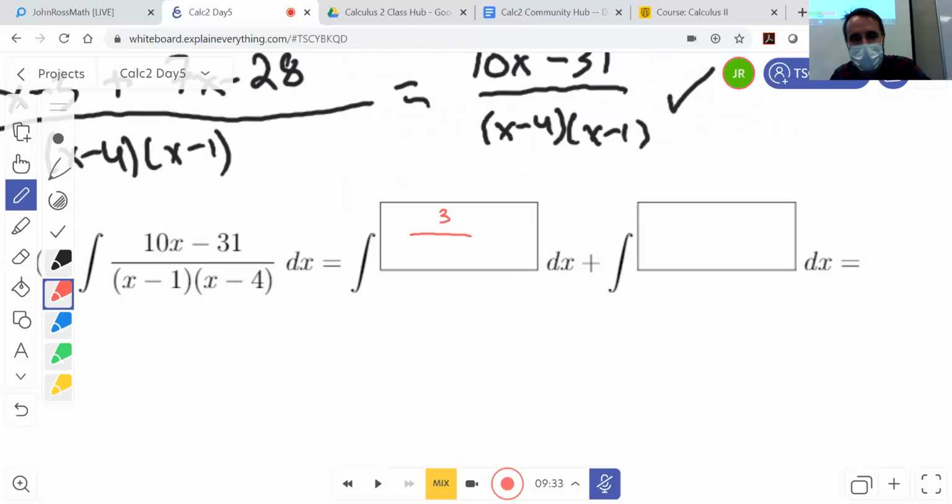I think 3 over x minus 4. I think the x minus 4 went there. Plus, no, it was a 7, wasn't it? 7 over x minus 1. Let's zoom out and confirm.